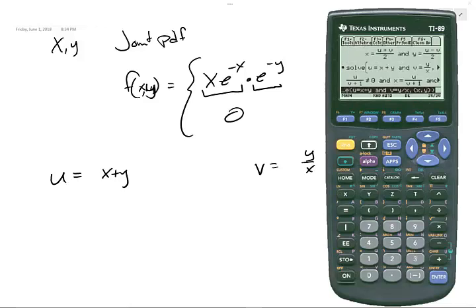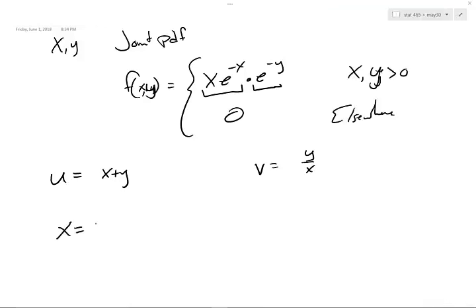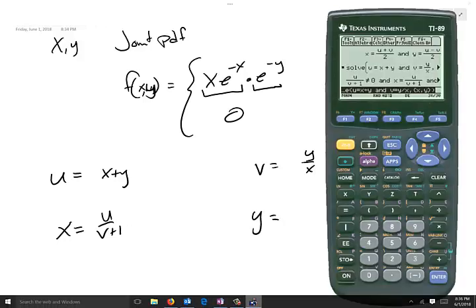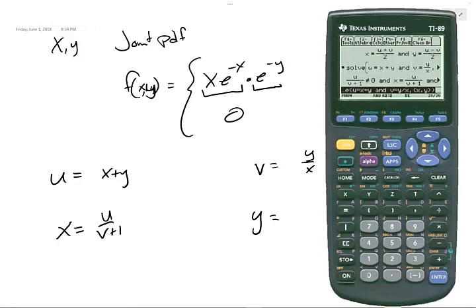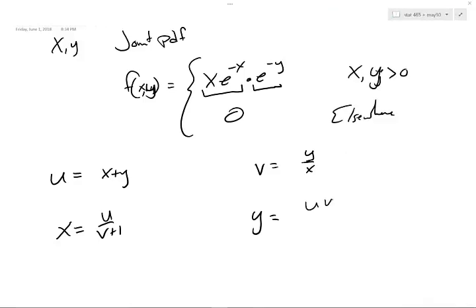So I will get x equals u over v plus 1, and y equals uv over v plus 1.